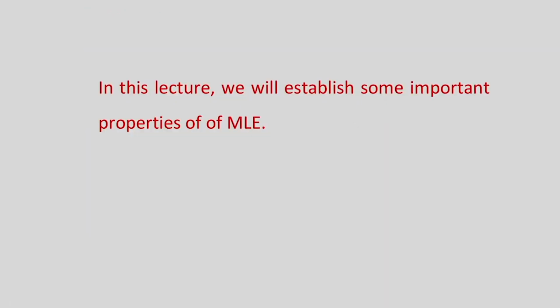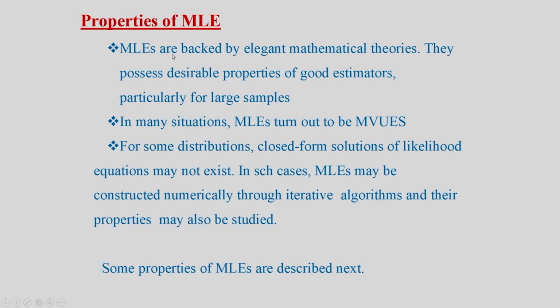We will now discuss some important properties of MLE. MLEs are backed by elegant mathematical theories. They possess desirable properties of good estimators, particularly for large samples. In many situations, MLE turns out to be an MVUE, a minimum variance unbiased estimator.